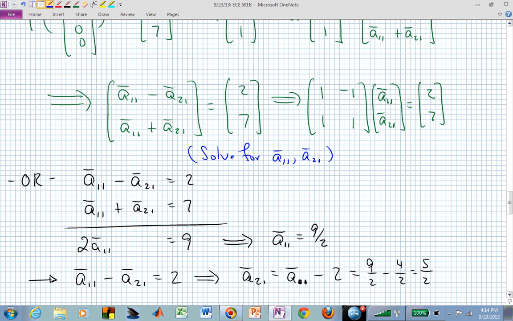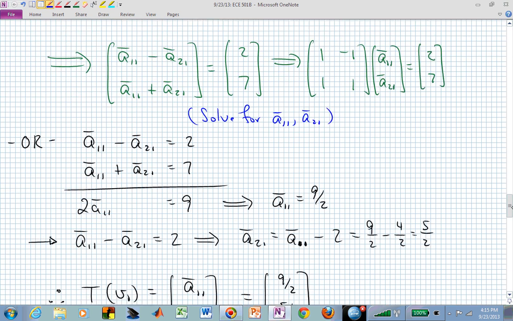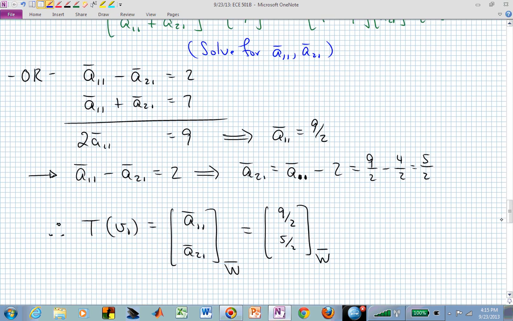So now we go 5 halves times minus 1, 1, and the result of that head to tail combination of those two vectors should put us at the same location in space as the 2, 7 did in the first basis. So now I'm trying to emphasize that by saying this vector, A11 bar, A21 bar, in the capital W bar basis is now 9/2 and 5/2.